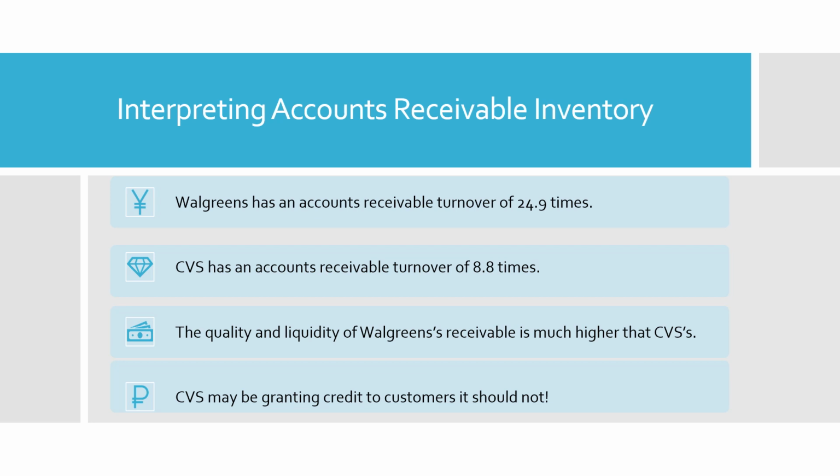So an accounts receivable turnover of 24.9 is pretty high, especially when you compare it to CVS's accounts receivable turnover of 8.8 times. So this tells us that the quality and liquidity of Walgreens receivables is much higher than that of CVS's. CVS may be granting credit to customers it should not.